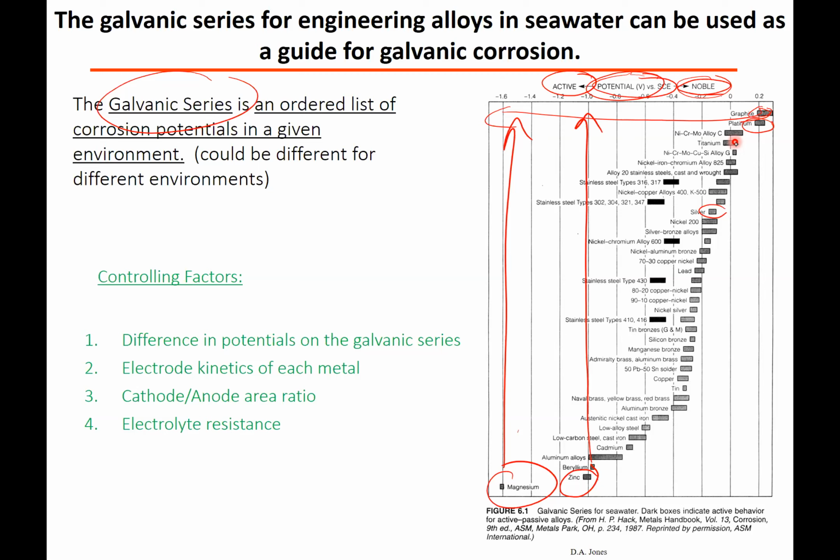Even though aluminum is more active in this galvanic series, you have to think about the limiting factor. If the aluminum does corrode, when will the electrochemical reaction stop? Well, when you have no more aluminum, right? So if you have a little bit of aluminum relative to titanium, maybe you don't have to be as concerned, because once the corrosion reaction stops because you run out of aluminum, then there's no electrochemical couple, right?